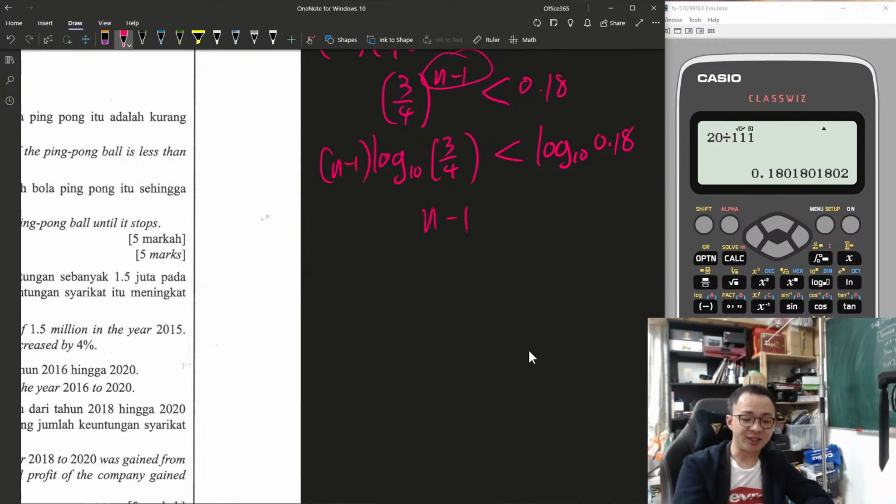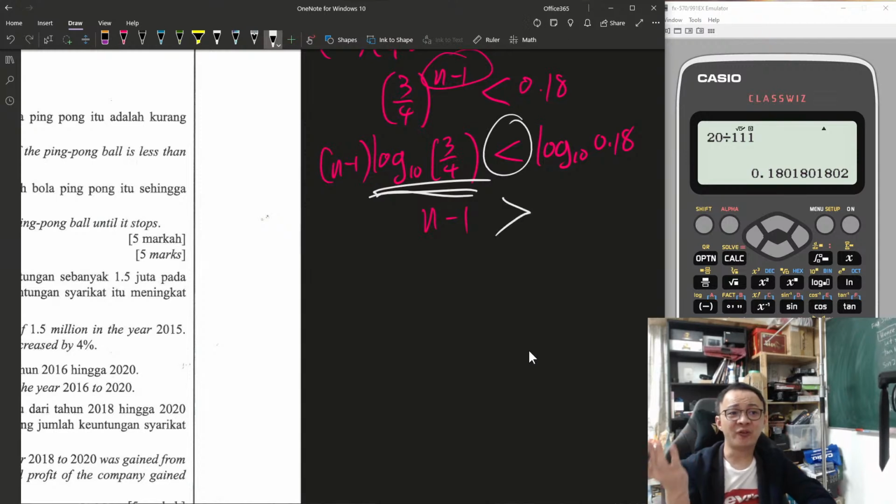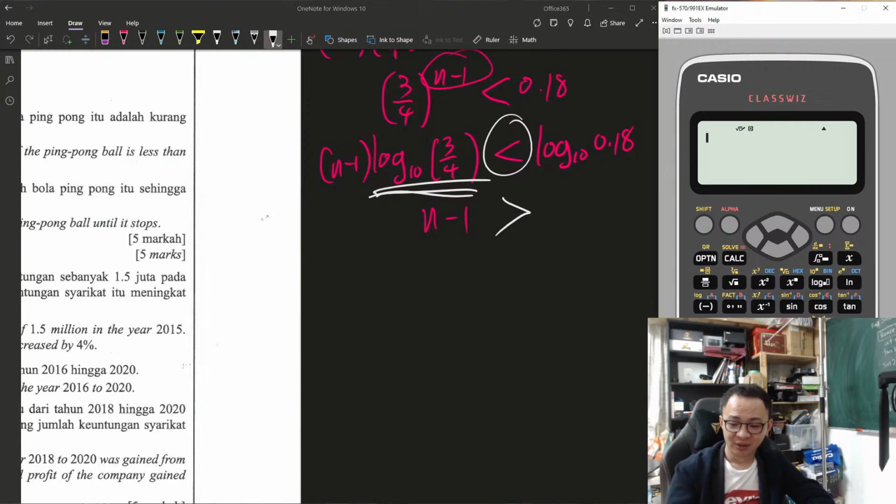Okay, now this is a special thing. Whenever I want to move the log 10 of 3 over 4 to the other side, this inequality needs to change direction. Why? Because log 10 of 3 over 4 is a negative value. You can see log 10 of 0.75 is a negative value. Whenever you multiply or divide by a negative value, the inequality sign needs to change.